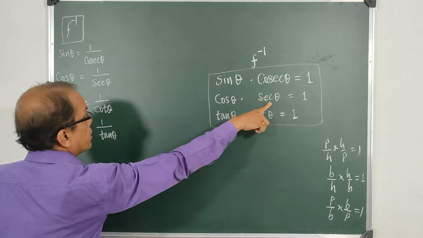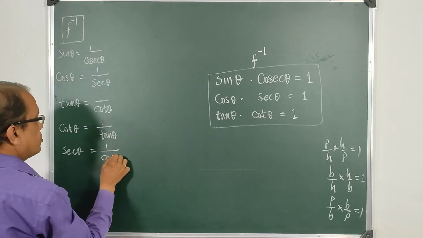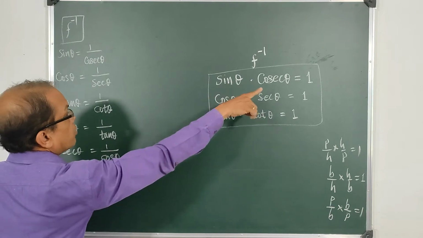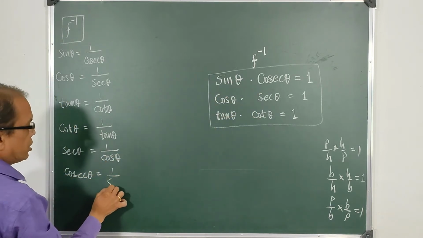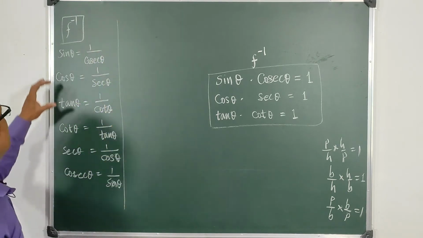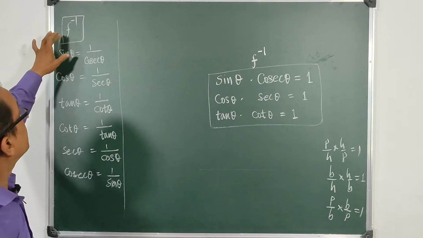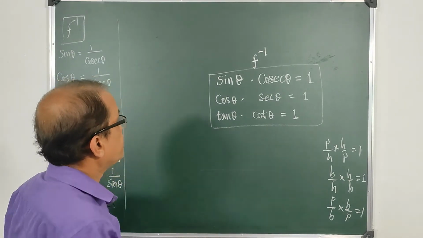From the second we get sec theta is equal to 1 upon cos theta, and from the first we get cosec theta is equal to 1 upon sin theta. So we get the 6 formulae just in the designated symbol F inverse. Let us go for the next.